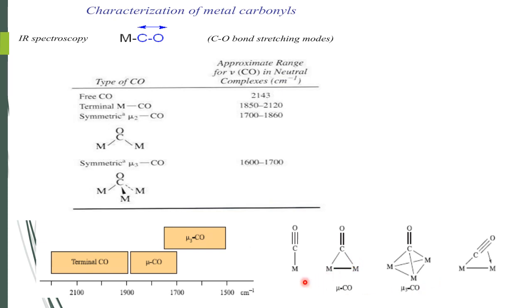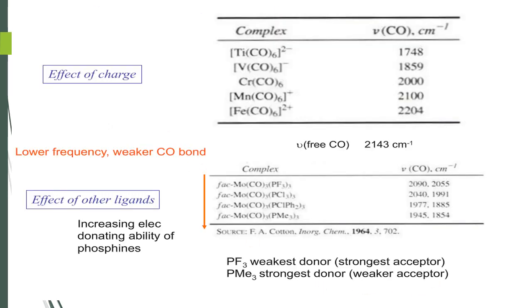And these are the same examples I discussed here. Another important point to note is the change in charge, because these are almost all the same: MCO6, that is titanium CO6, vanadium CO6, chromium CO6, manganese CO6, and iron CO6. The only change you can observe is the charge: 2 minus, minus, 0, plus, and 2 plus.